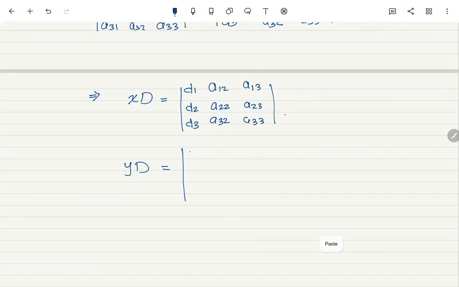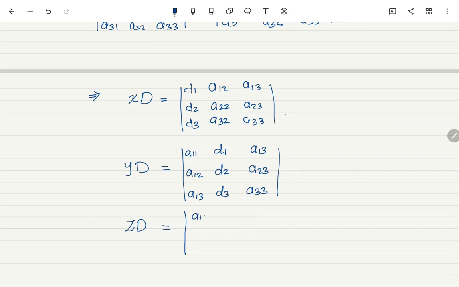So it's equal to a11, d1, a13, a21, d2, a23, a31, d3, a33. And z times D equals, now rather than placing d1, d2, d3 in the second column, we should place them in the third column.